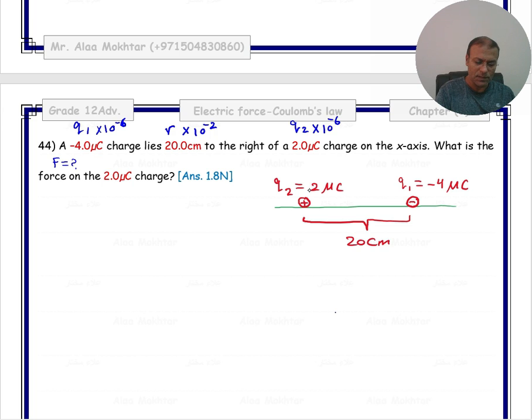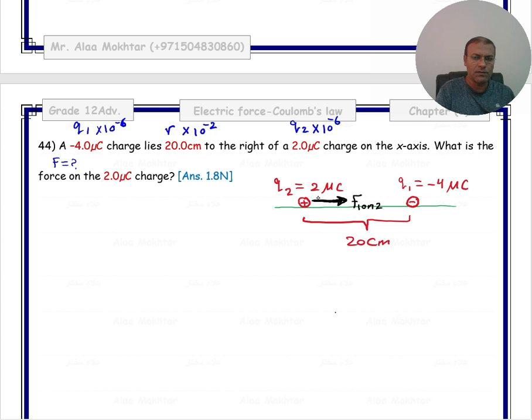As you see, the positively charged one will move to the right side. Why move to the right side? Because the negatively charged one will attract it to the right. This is the force due to charge number 1 on charge number 2.